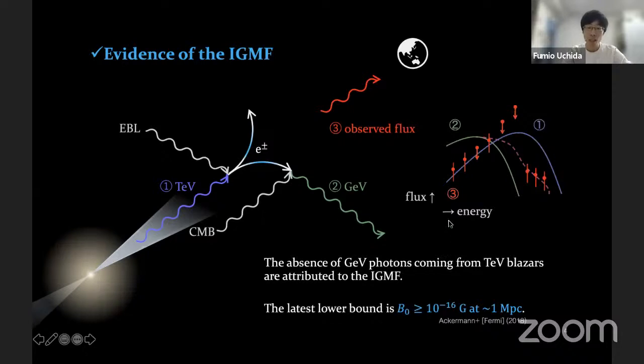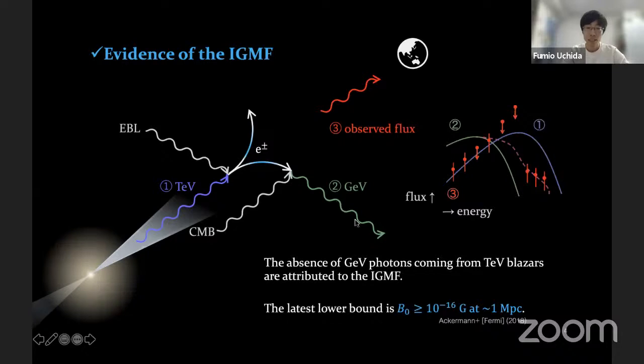However, according to the gamma ray observations by the Fermi collaboration and some Cherenkov telescopes on the ground, the GeV flux is too faint compared to the flux in the TeV range. The reason for the absence of GeV photons is thought to be the IGMF, because magnetic fields in voids bend the path of these electrons and positrons away from the line of sight.